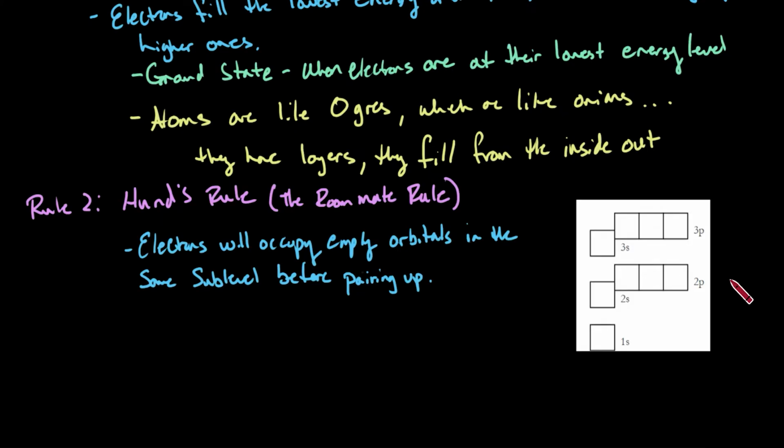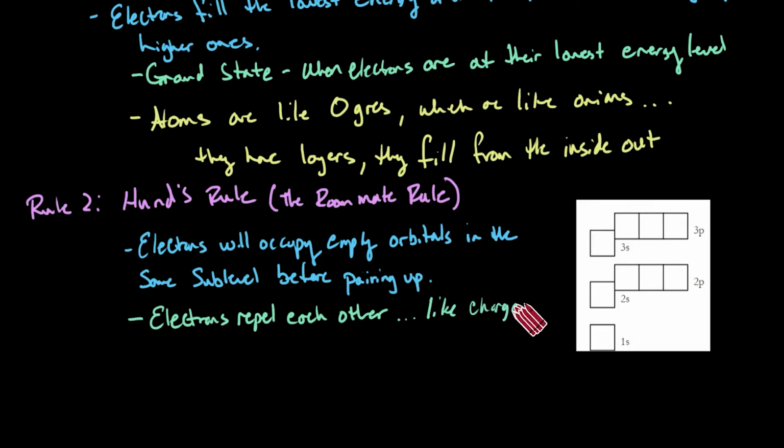Okay, all right, so electrons repel each other, because like charges repel.